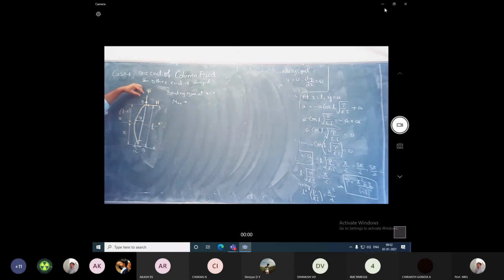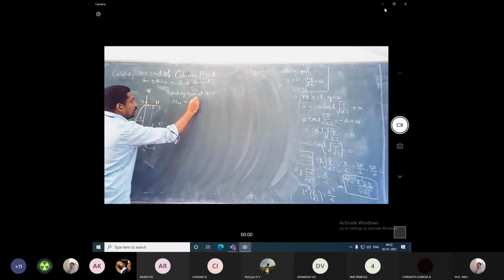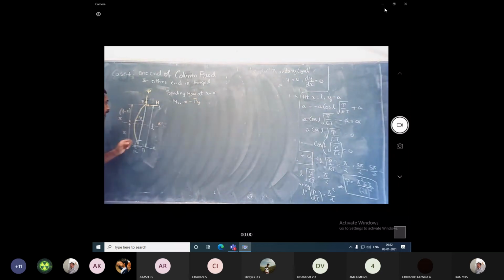So the moment with respect to this is load into the distance Y. It is P into Y, negative. Y is negative because it is a concave surface with respect to the initial beam, so it is negative. Next, there is a horizontal moment.